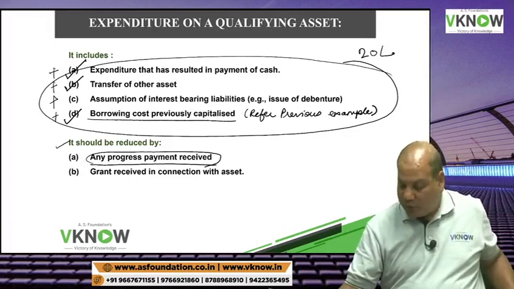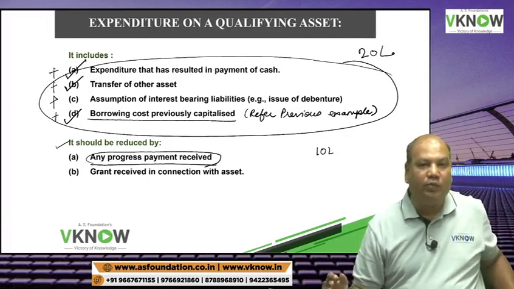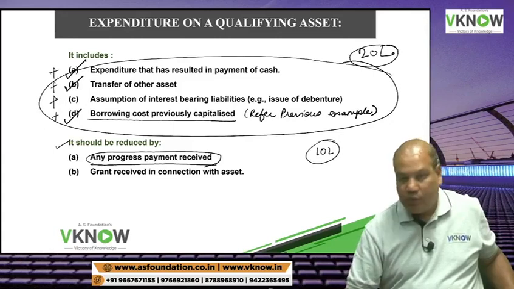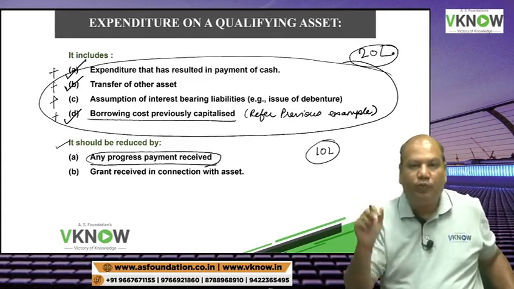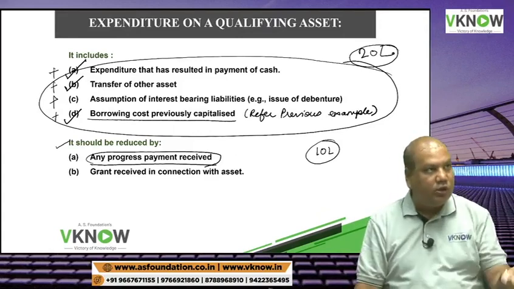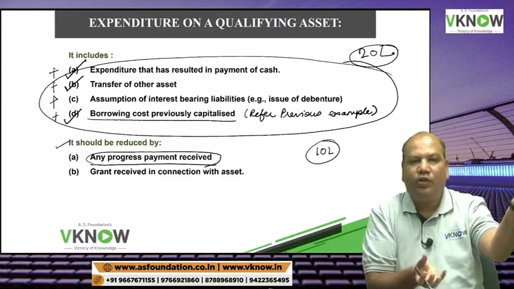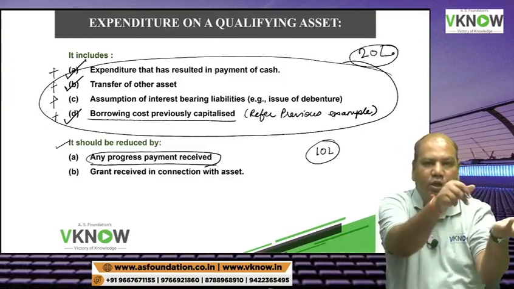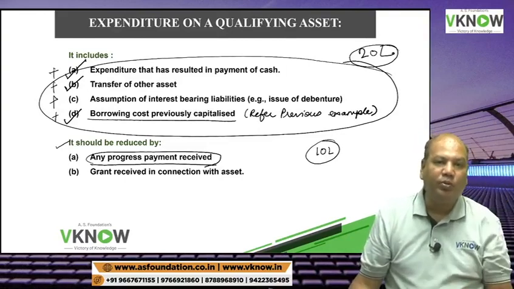So the standard is saying, suppose 10 lakh has already been recovered from the client, so your net expenditure is not 20 lakh, it is 20 minus 10, what you have put from your pocket. To construct this building, I require 20 lakh. 10 lakh has been financed by the client, so my expenditure is only 10 lakh. That means 10 lakh was funded out of borrowed money.